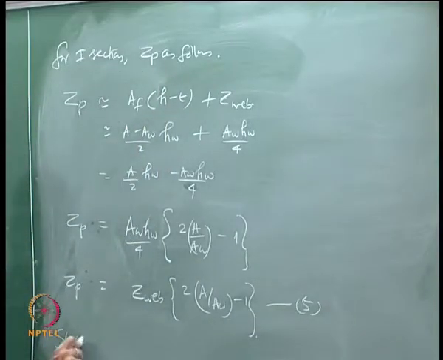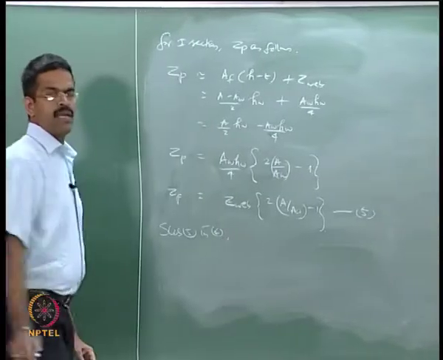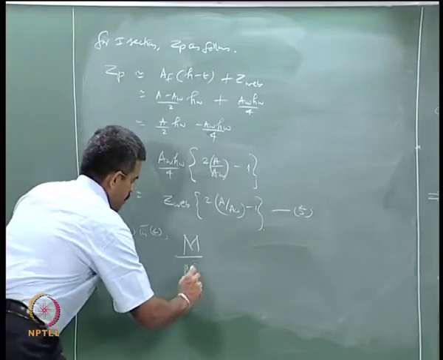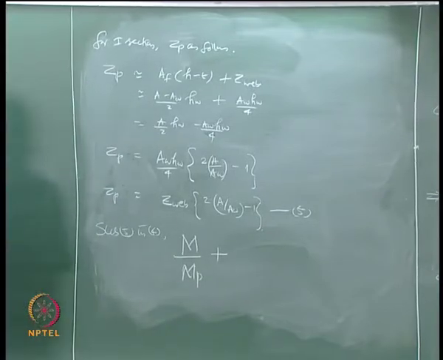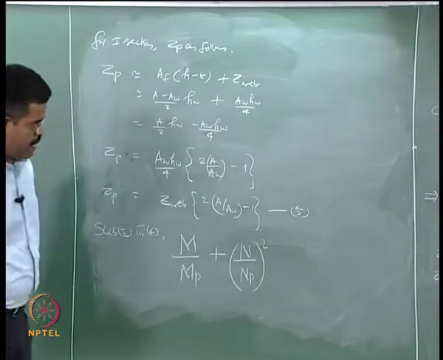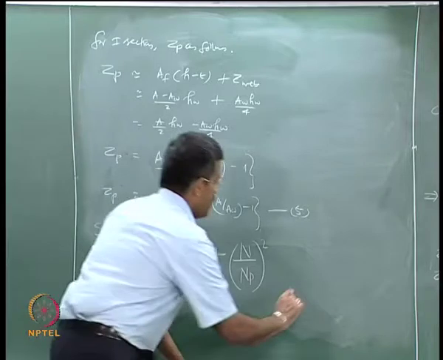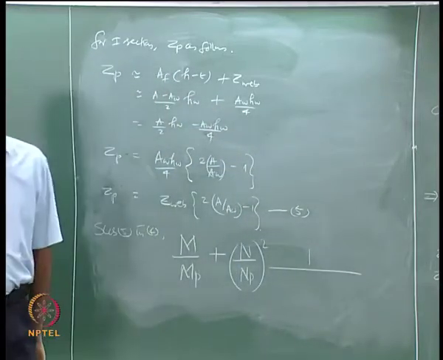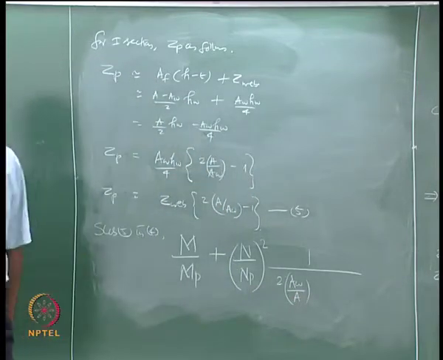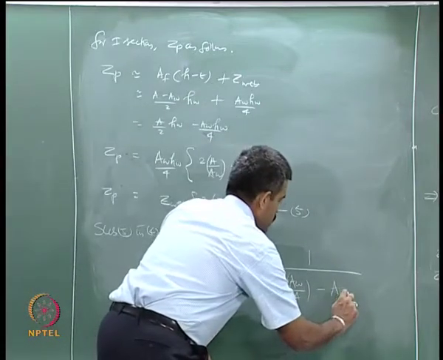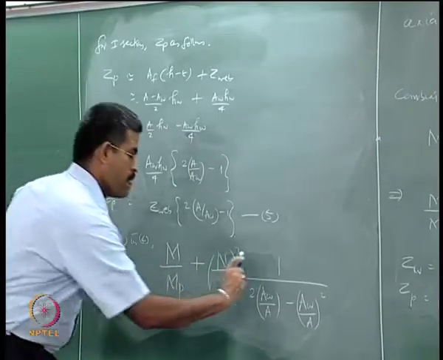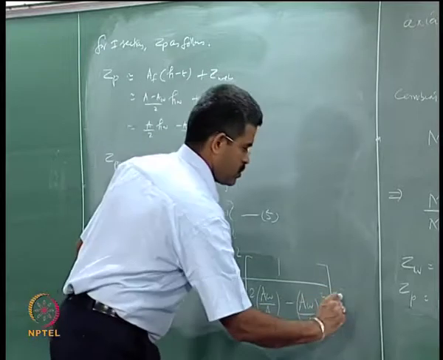Now substituting 5 in 4, I can rewrite 4 like this, which is M by MP plus N by NP square times 1 by twice of area of web by A minus area of web by A the whole square, equal to 1.